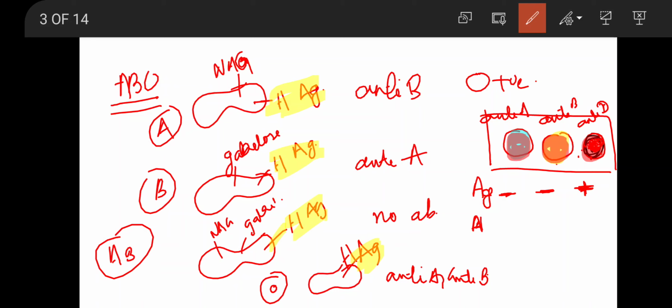So how to differentiate O blood grouping and Bombay blood grouping? That is the next question. What is Bombay blood grouping? That you should know first. In ABO grouping you have H antigen, but in Bombay you have nothing.